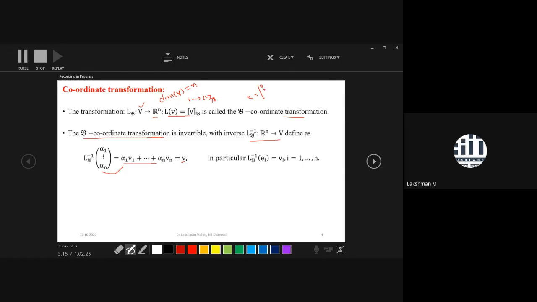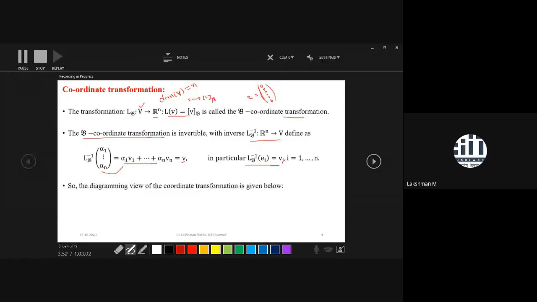So it is a very simple relation: find the inverse image of e_i, and it will come out as just v_i, the ith basis element of V.